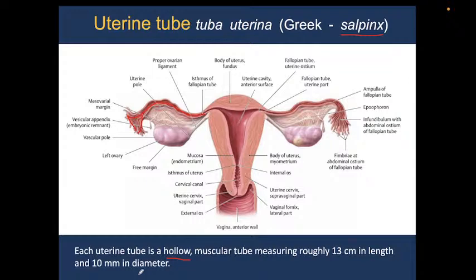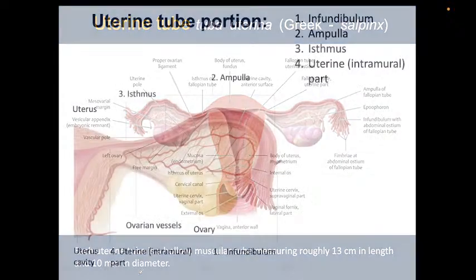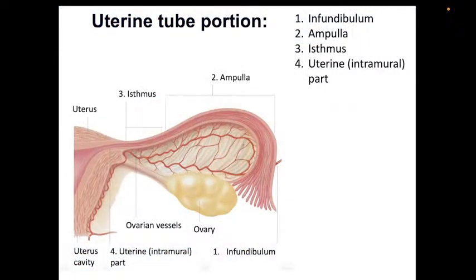Such an organ has four portions. There are four portions in the uterine tube.